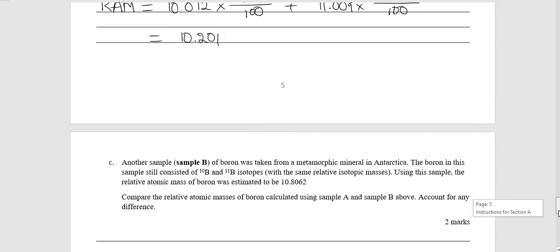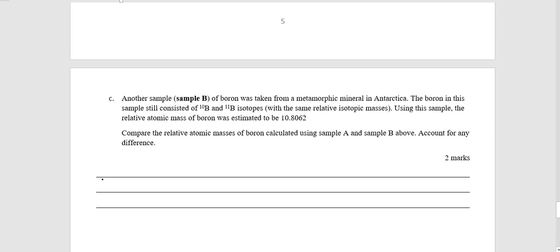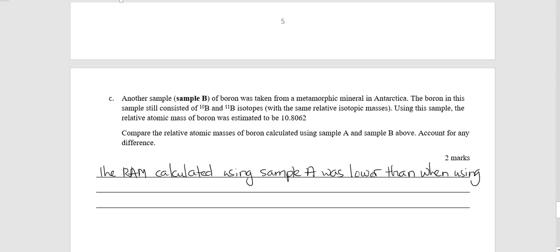Account for any difference. So obviously there is a big difference, so you need to make a comparison first, and the comparison in this case will be that the relative atomic mass of boron in sample A is smaller than in sample B. The relative atomic mass calculated using sample A was lower than when using sample B. So that's the first part.